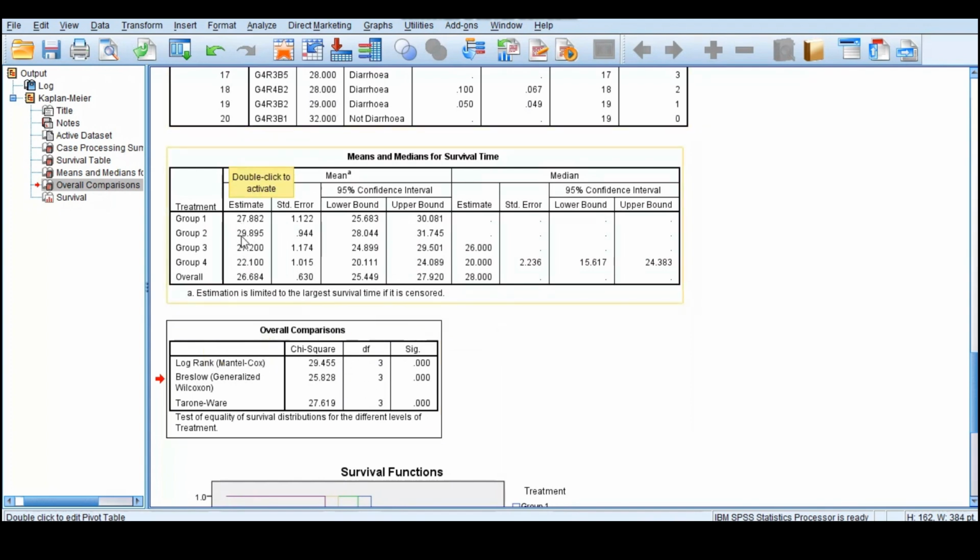If you come here, you can see that the estimated mean days for survival is 27 days for group 1. So we can say that it took about 27 days for a bird in that group to experience diarrhea. For group 2, it took 29 days. For group 3, it took 27 days. Group 4 experienced diarrhea in the least time possible.